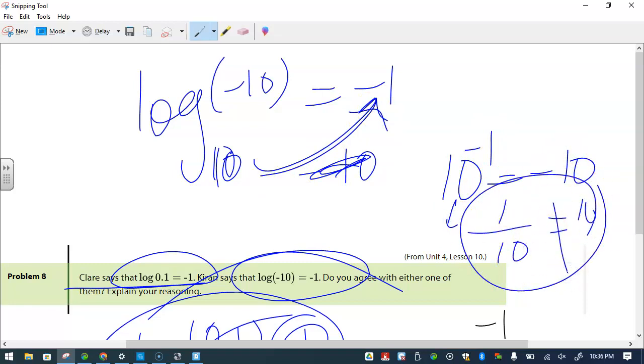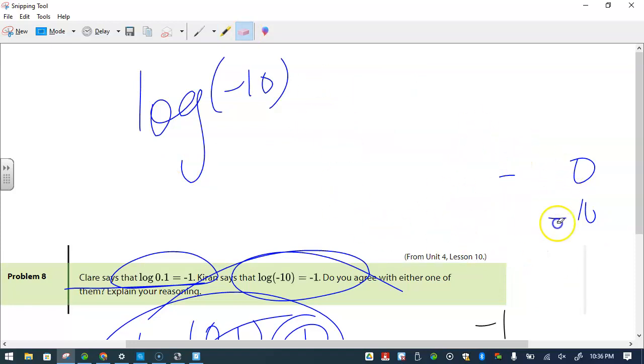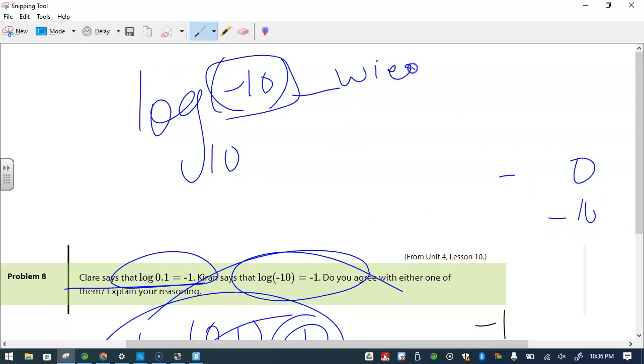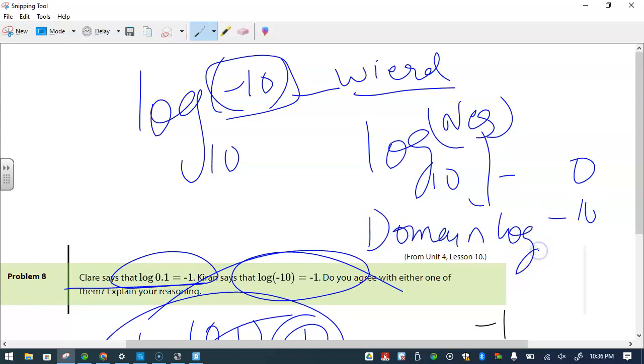No. Another way to argue on this is saying that you can't have a log of a negative, so this itself is weird. You can't have logarithm of a negative number. So what I'm trying to say is the domain of logarithm cannot be negative; the argument is always positive.